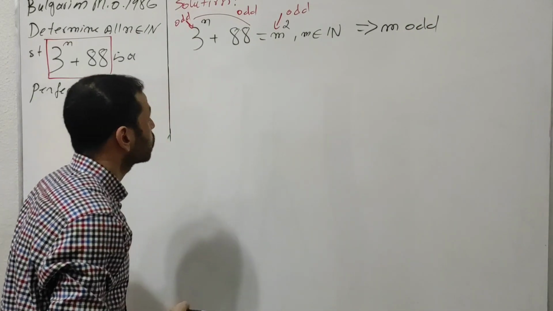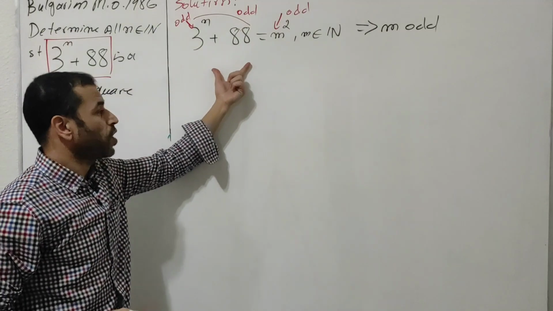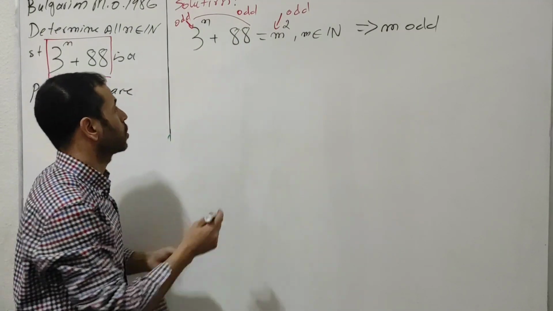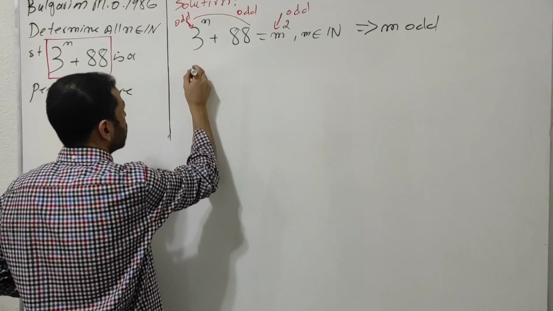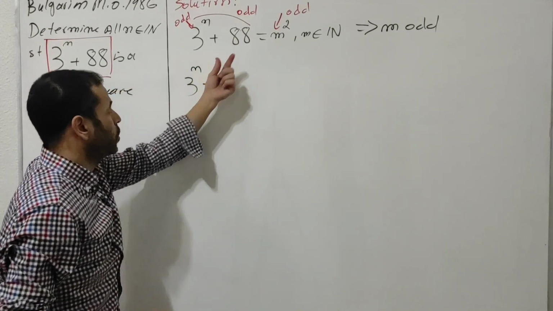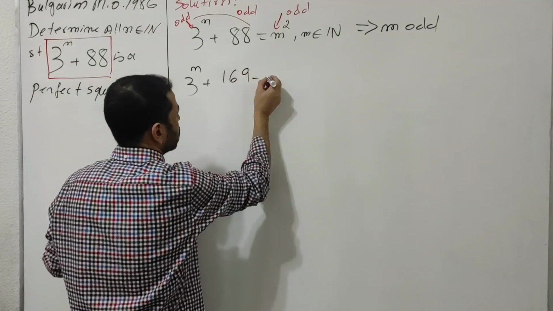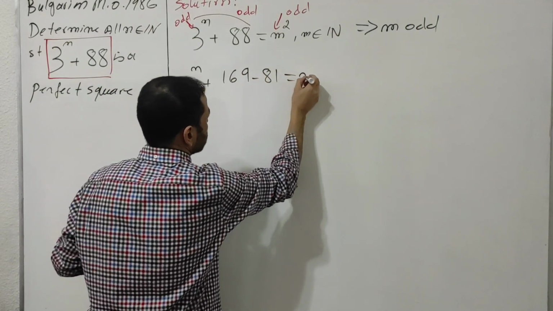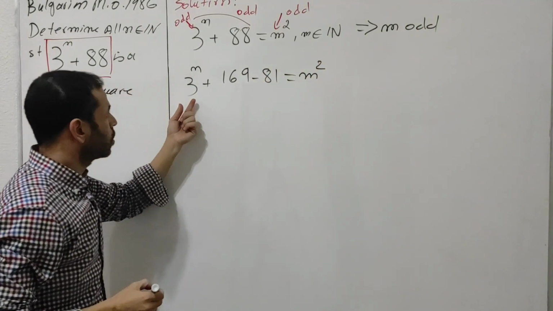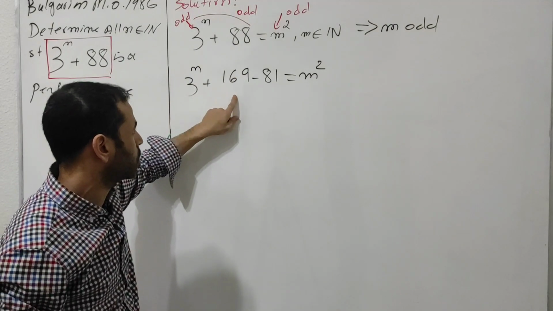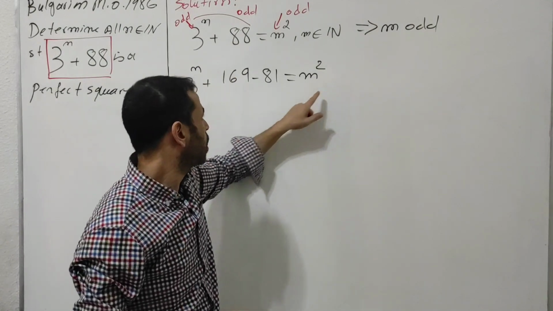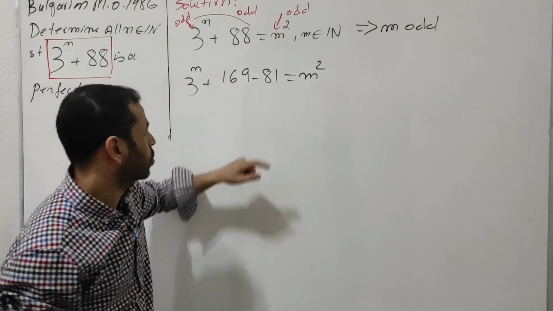So now I'm going to factor this out by using a trick. 3 to the n plus 88 is the same as 169 minus 81, equals m squared. I'm going to move 169 to the right hand side and leave 81 as it is.